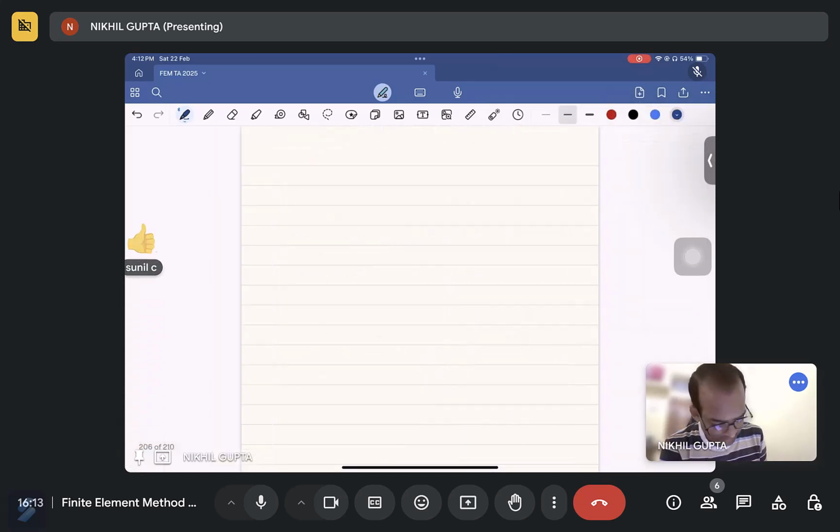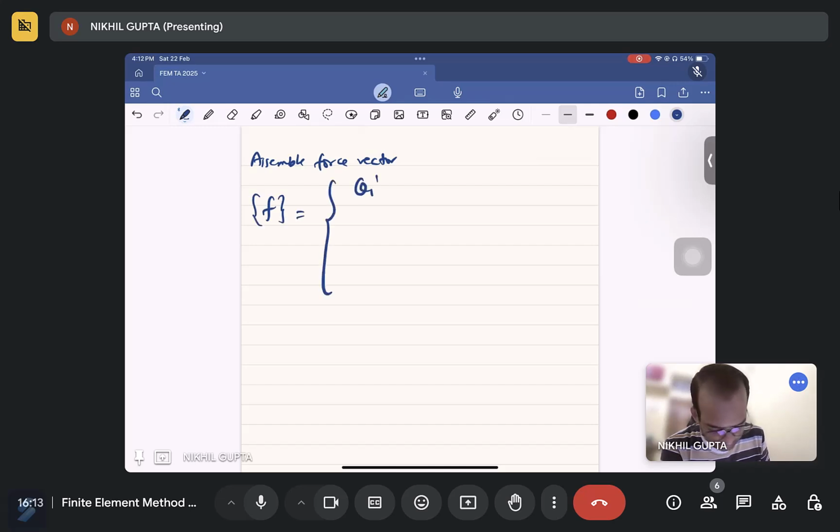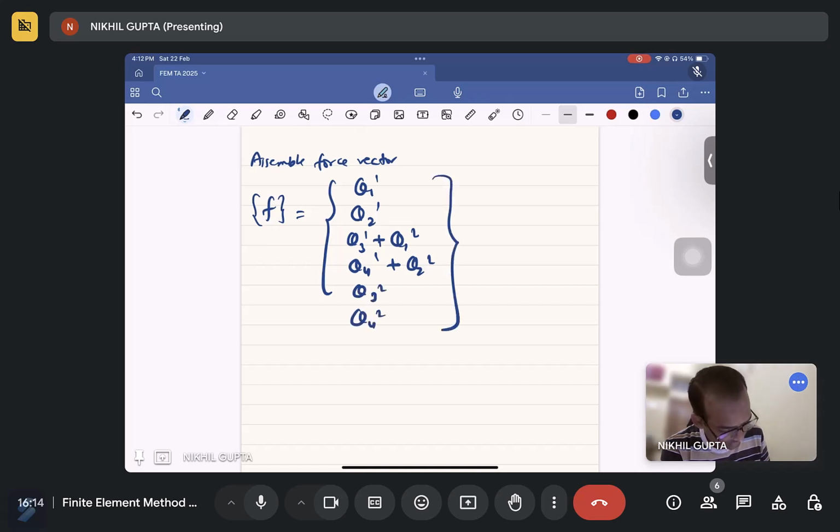When we assemble the force vector, what will we get? Q1 1, Q2 1, Q3 1 plus Q1 2, Q4 1 plus Q2 2, then Q3 2 and Q4 2. You know that Q4 1 is 0, plus P by 2, 0, P by 2, 0, 0, 0.